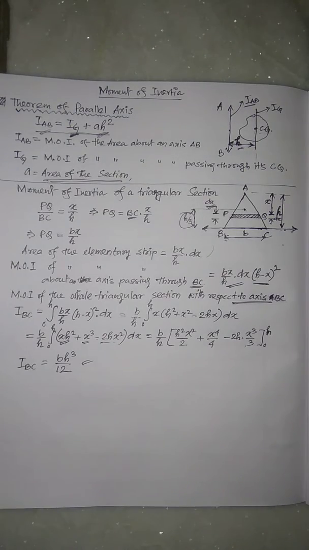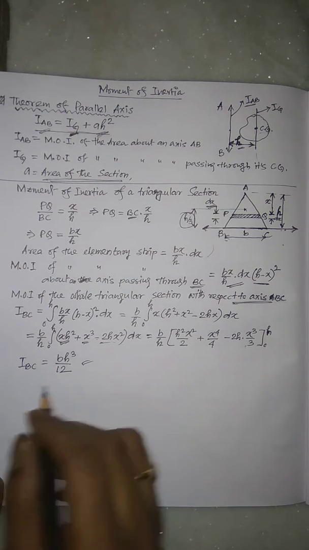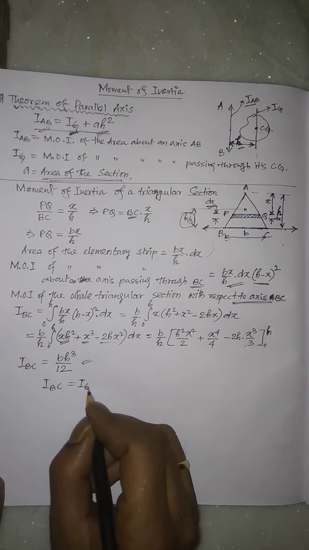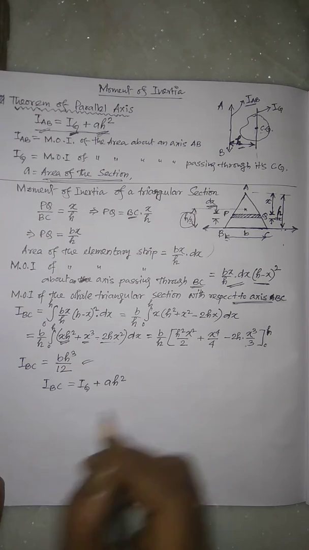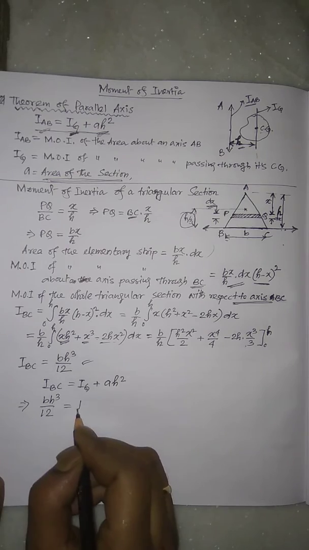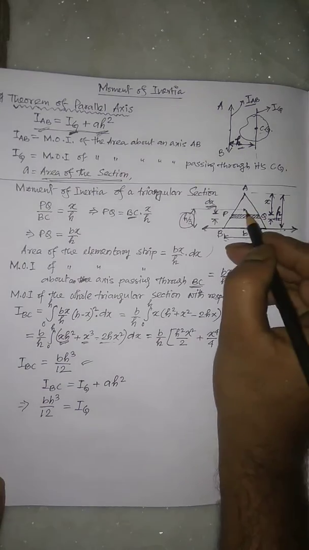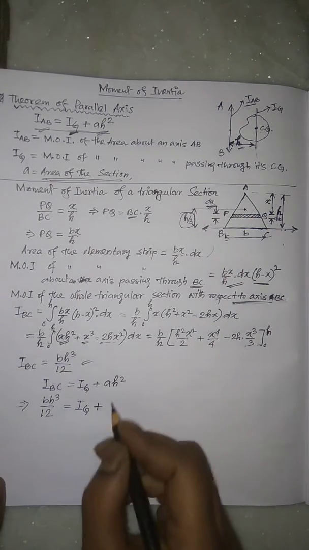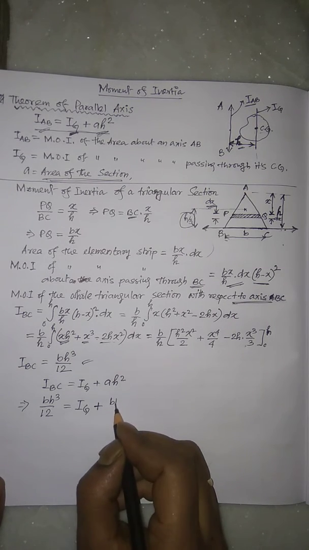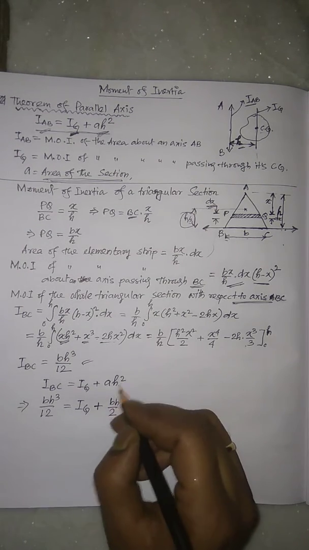Now from the theorem of parallel axis, you can write I suffix BC is equal to I suffix G plus A into h square, where I BC is b h cube by 12, and I G is the moment of inertia of the triangular section about an axis passing through its CG and parallel to its base, and the area of the triangular section is half into b h, that is b h by 2.